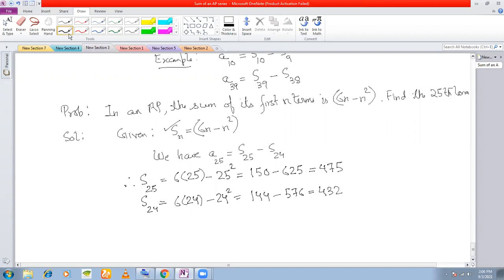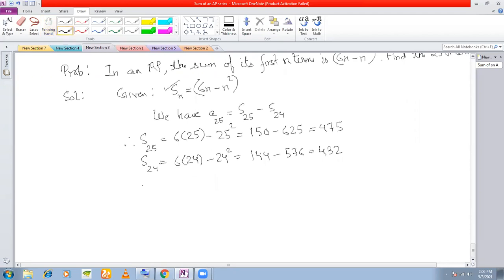So you've got S25 and S24. Hence, what is the 25th term? A25 is equal to S25 minus S24, which is 475 minus 432, which is 43. Okay. So this type of problem is an important problem. Take note of this problem and take note of the formula also.